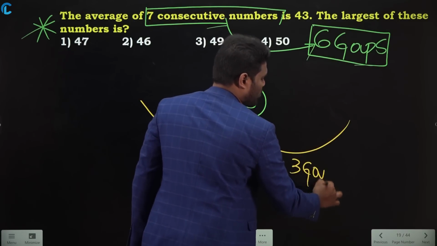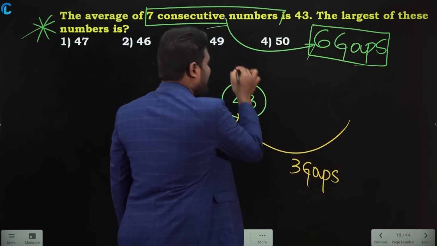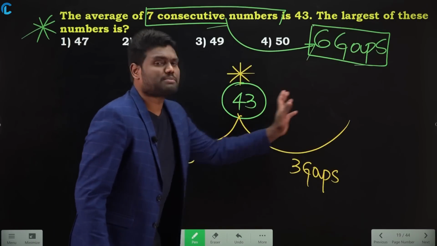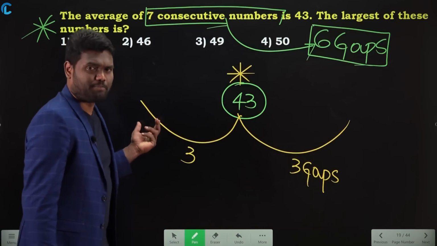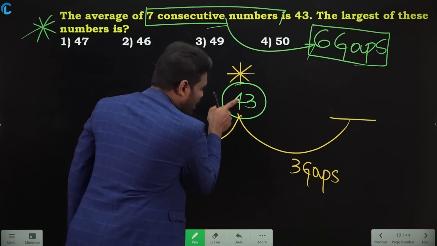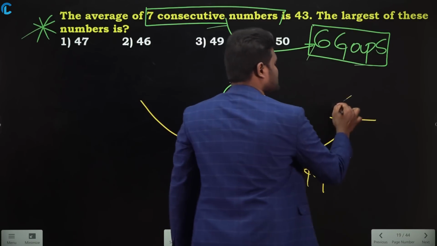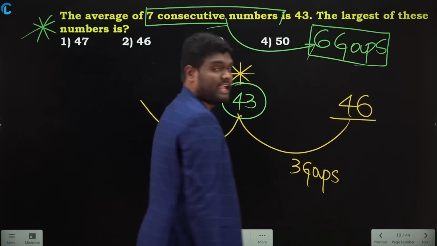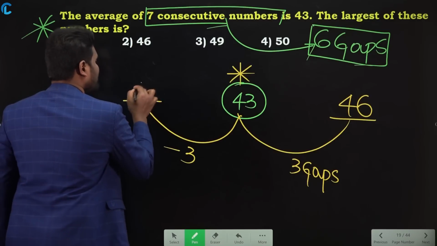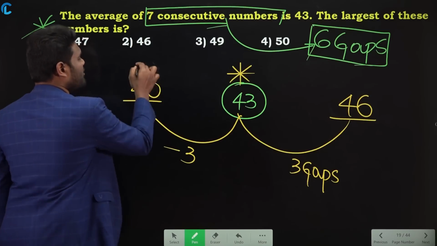Why? Because the average is nothing but the exact middle term, which means 3 gaps in front, 3 gaps behind. The highest number is 43 plus 3, which is 46. The lowest number is 43 minus 3, which is 40.